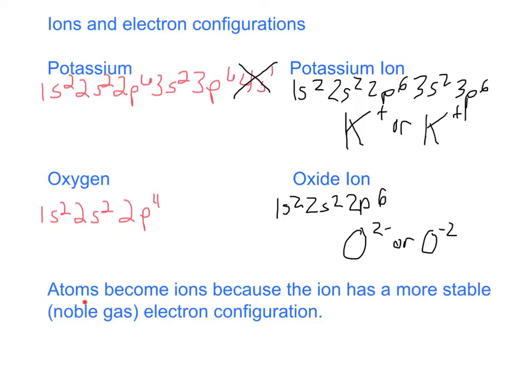So any chemical bonding and reactions that happen are going to move the electrons to a lower, more stable, lower energy state, like that noble gas. We'll expand on that more later. For now, we just want you to be able to recognize how you're going to write an ionic symbol. We generally don't show the entire electron configuration. We just show the element symbol and its overall charge. All right, let's go on to the next thing.